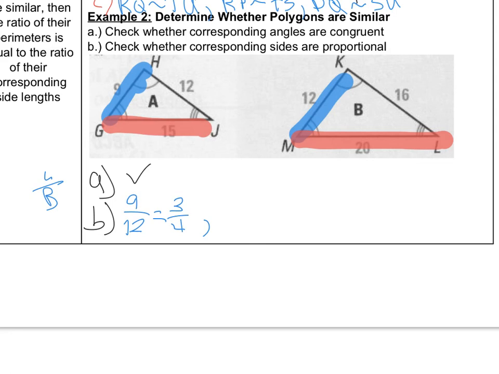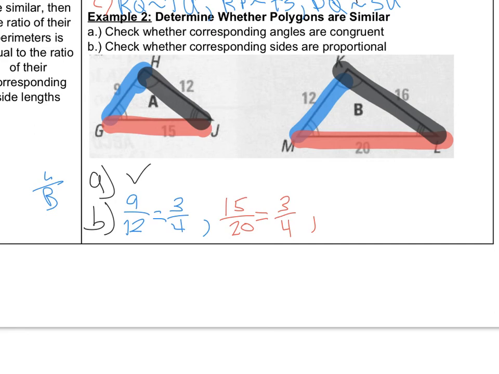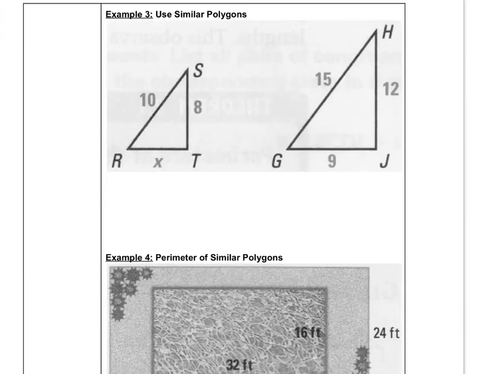So we're going to say 15 over 20, which again reduces to 3/4. So far, so good. And then HJ and KL, so that's going to be 12 over 16, which again reduces to 3/4. So there we have it. Since all three of these came out the same, then we could say yes, they are similar triangles.